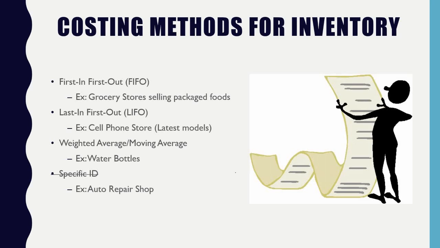It doesn't matter how much you buy or when you buy it. You're just going to sell it at the same price and cost it at the same price, because it doesn't really matter to your company how much you're selling or buying them. You're just going to take the average of them and cost them out. It's a necessity that you're always going to have in your store.